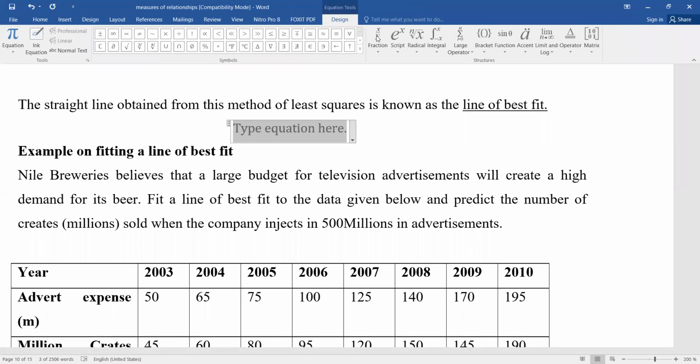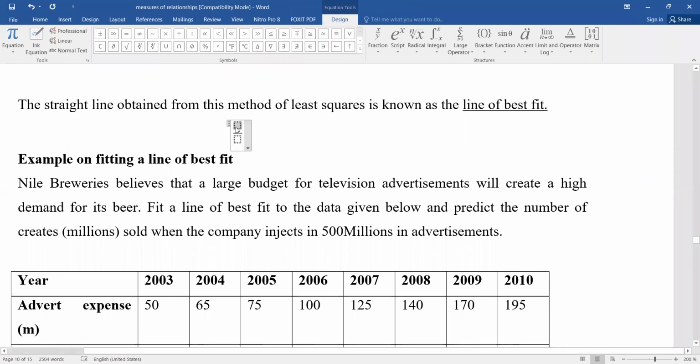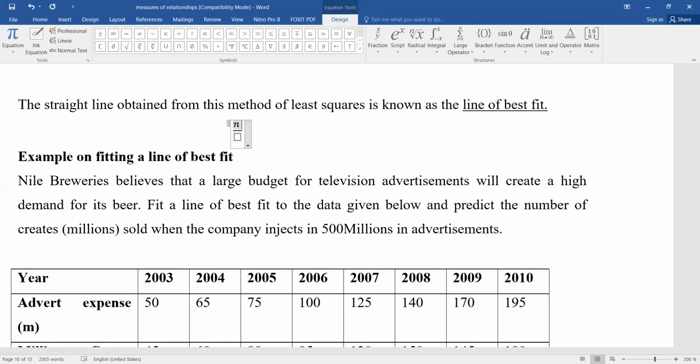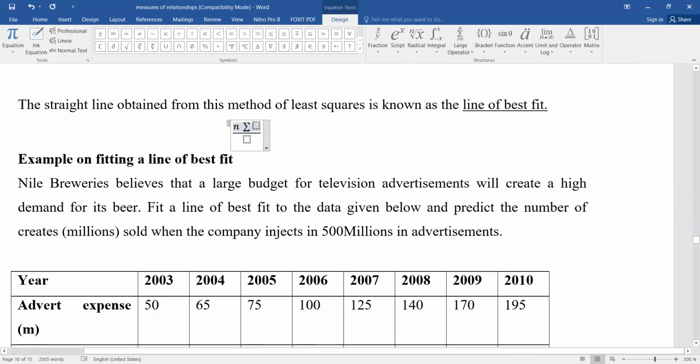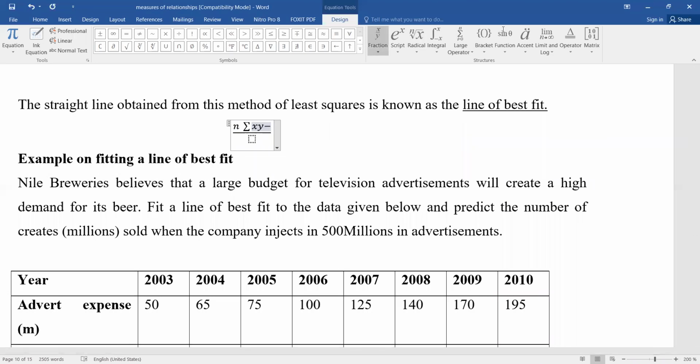You'll have N times summation of XY. It has the same numerator as the correlation coefficient. The only thing that changes is the denominator.